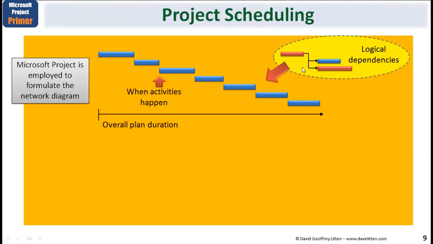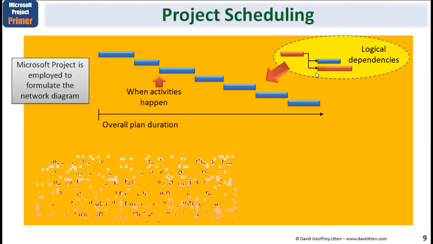We'll see how Microsoft Project automatically calculates the so-called critical path of any set of activities or tasks linked together. It will even automatically show critical tasks as red and non-critical tasks as blue. But again, what I want to focus here is on the dependency links between each task.